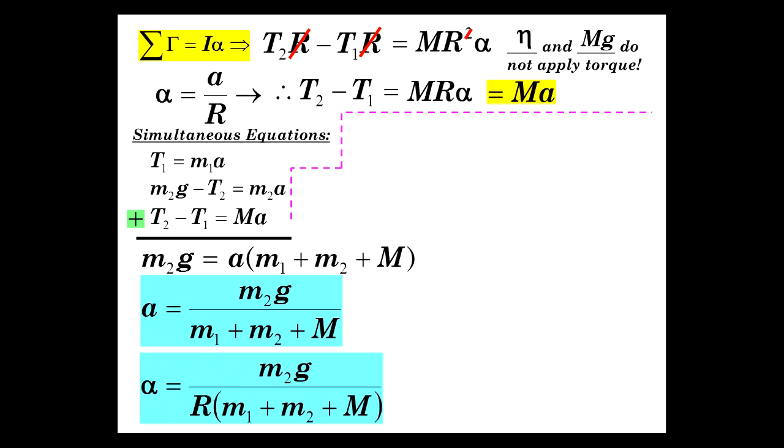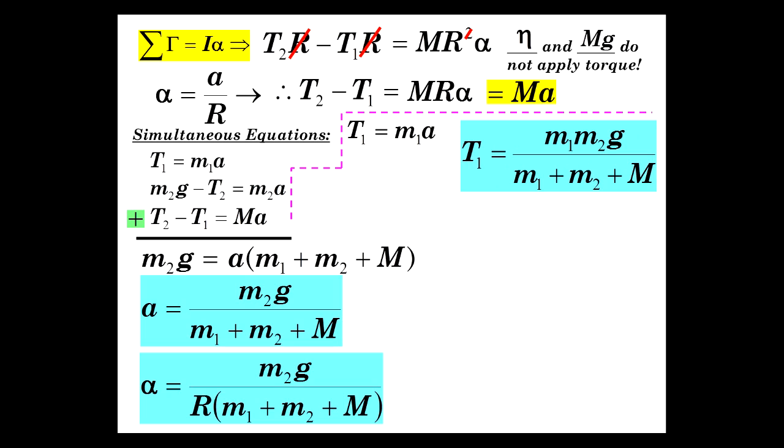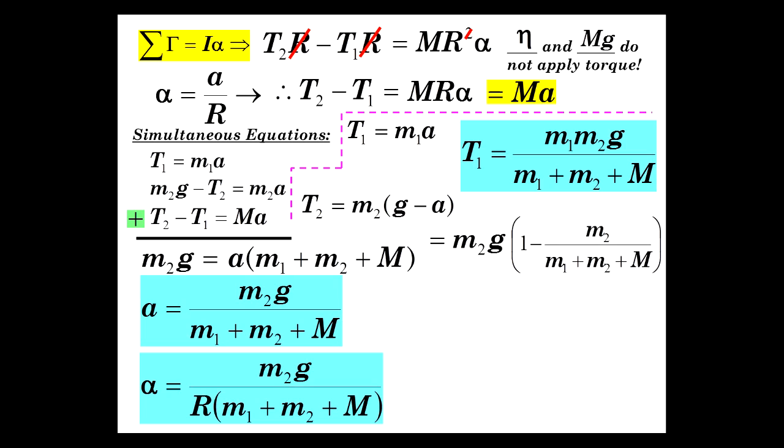So the angular acceleration is just a over r, so we have this divided by r. Now T1 is M1 times a, which is all the rest. What about T2? Looking at this, we can solve for T2. We get M2G minus M2a, which is M2G, where G factors out. There's the 1, and the a already has g in it, so that works.